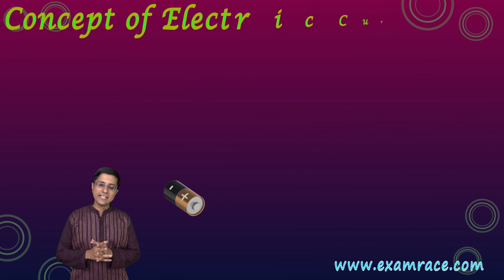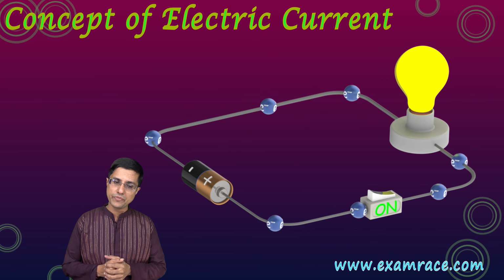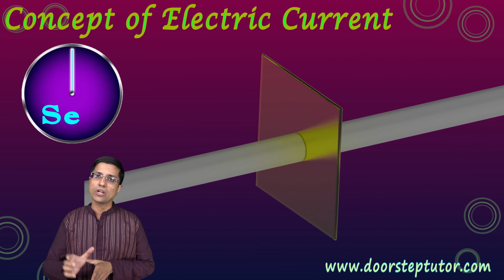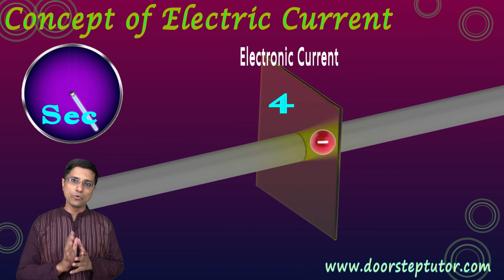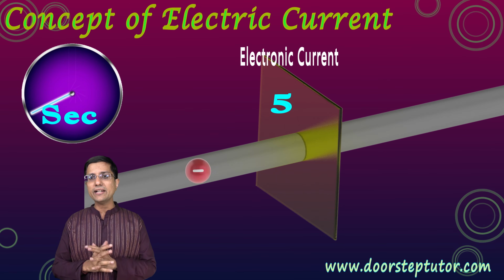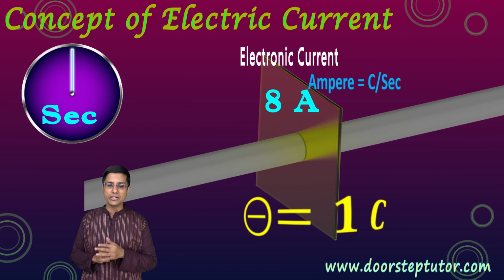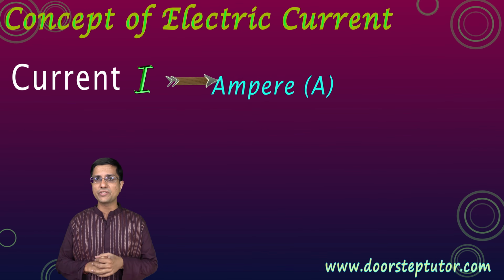Now the next important thing inside the electrical circuit is, of course, the flow of current. The flow of electrons across any cross section of the electrical circuit is known as electric current, the rate of flow. Electric current is measured in units called ampere, and they are actually base SI units, if you have studied from our past lectures.